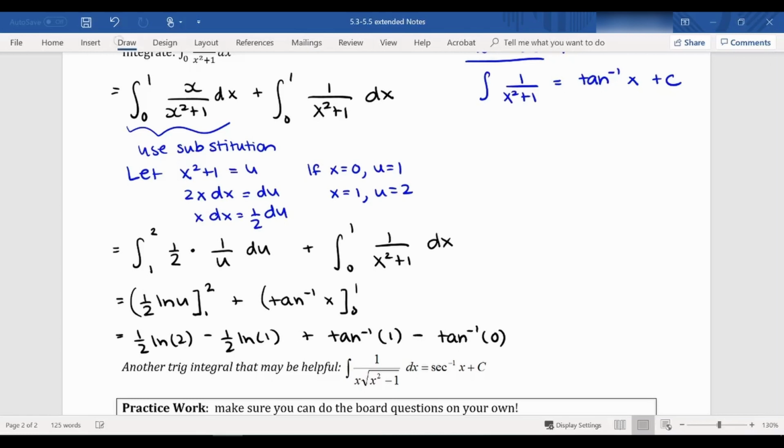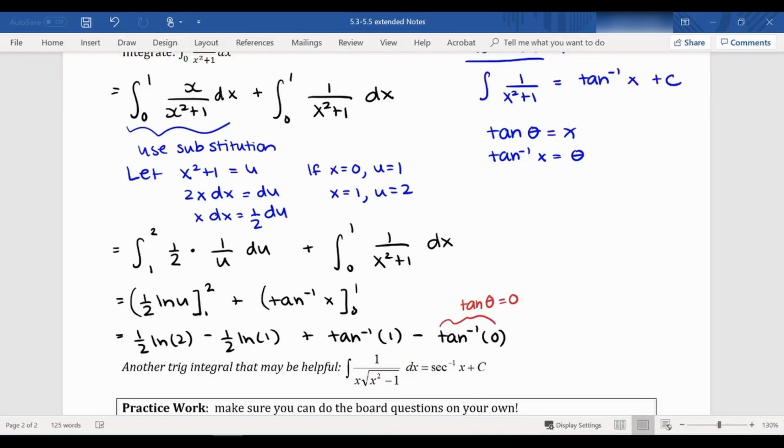Now, again, another reminder that if we have something like tan theta equals x, then inverse tan x is equal to theta. So if I wanted to find inverse tan of 1, I'm looking for an angle where tan of that angle would give me 1. And for inverse tan of 0, I'm looking for an angle where tan of that angle gives me 0. So here, what I want to know for this one is, tan of what is equal to 0?